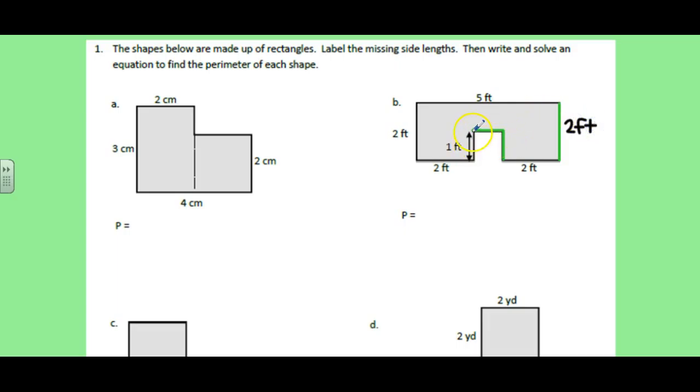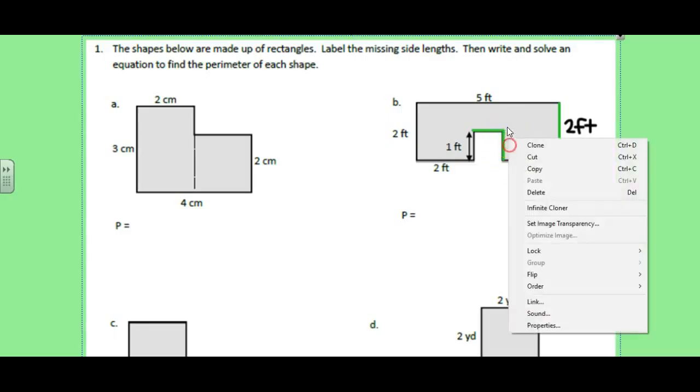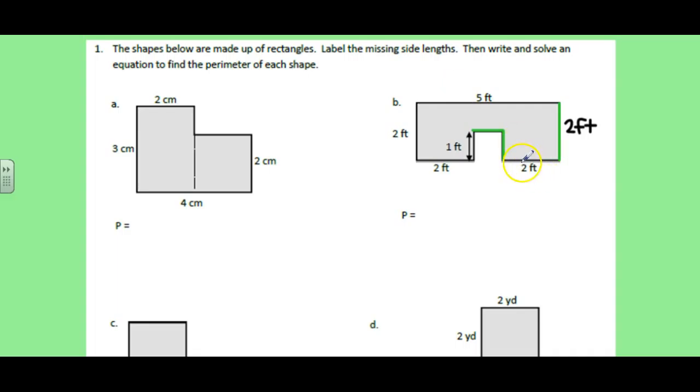We also can see that if this right here is 1 foot, then that must mean that this right here is also 1 foot. And this is really similar to the one that we did on the concept development, because the top part of it is 5 feet long from here to here. So from here to here is going to have to be 5 feet as well.